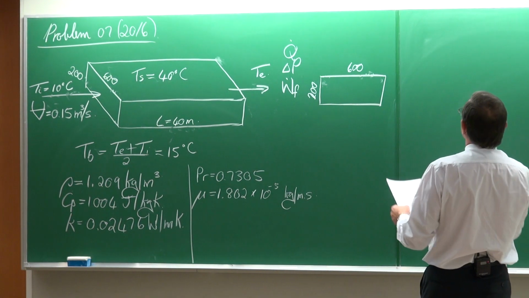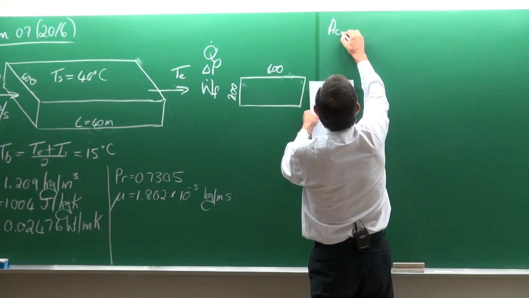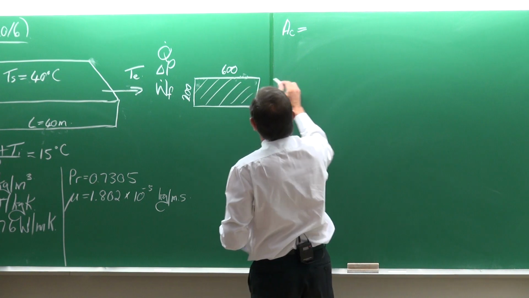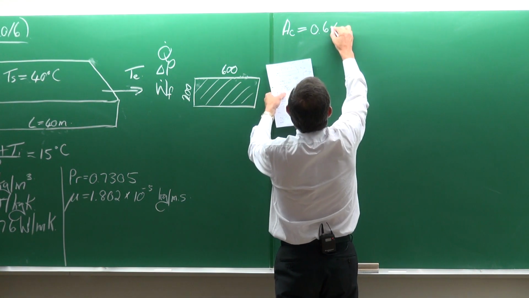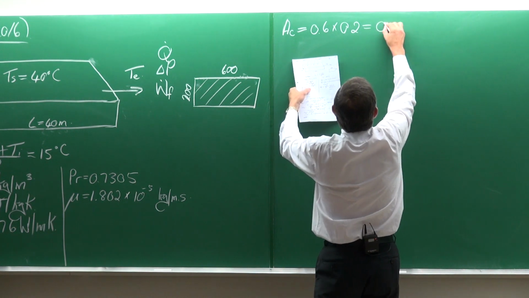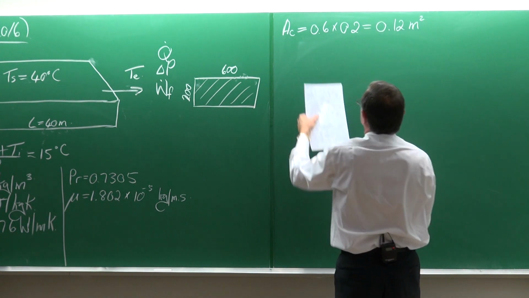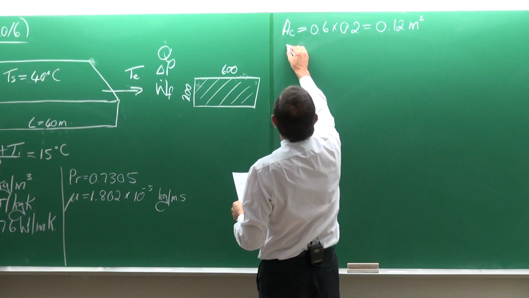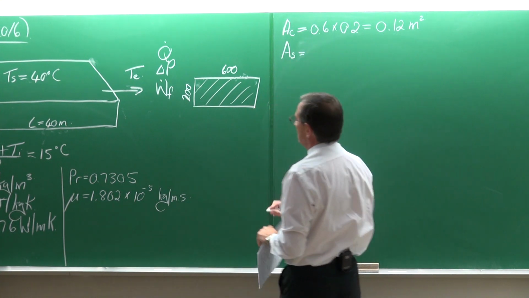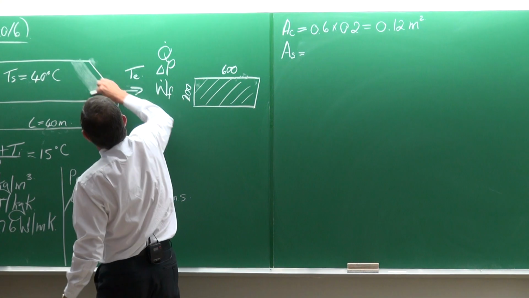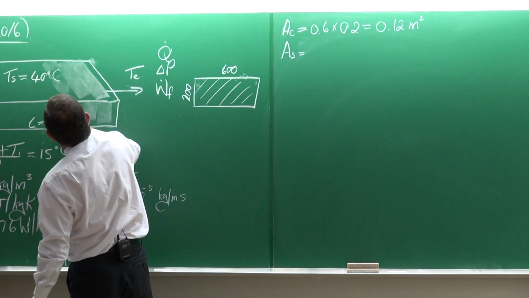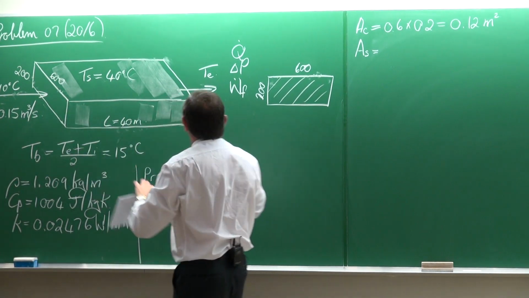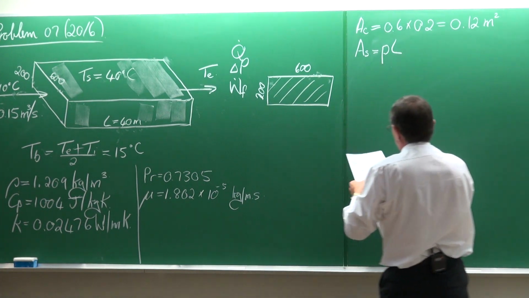Right. Now, let's also look at other things that we are going to maybe need. The cross-sectional area, in this case, would be equal to 0.6 multiplied by 0.2, which is equal to 0.12 square meters. The surface area for heat transfer would be this outer surface, so it is the perimeter multiplied by the length.